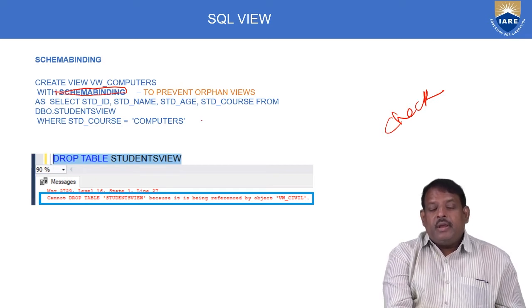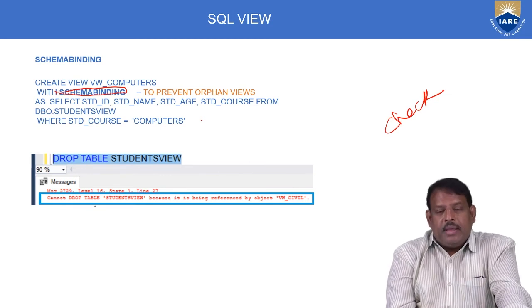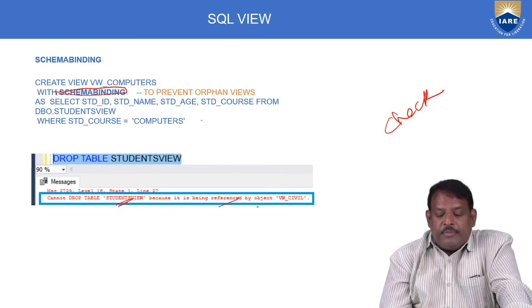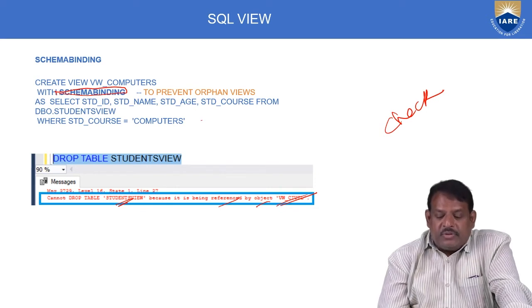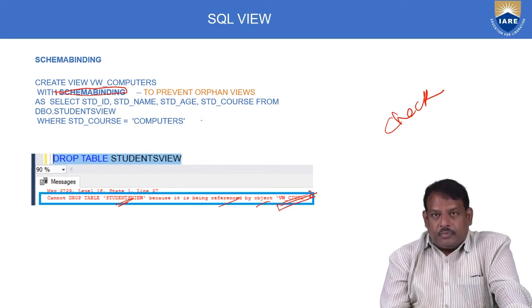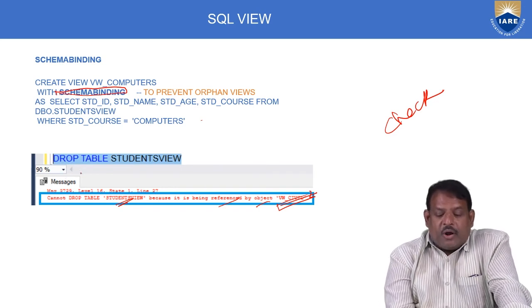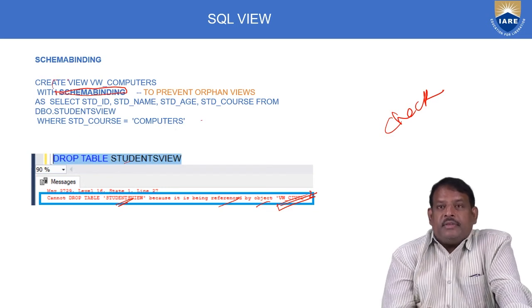If you try to drop the table, see what is happening: cannot drop table student view because it is being referenced by the object VW civil. That's why you're unable to drop it, because you have made it schema bound.